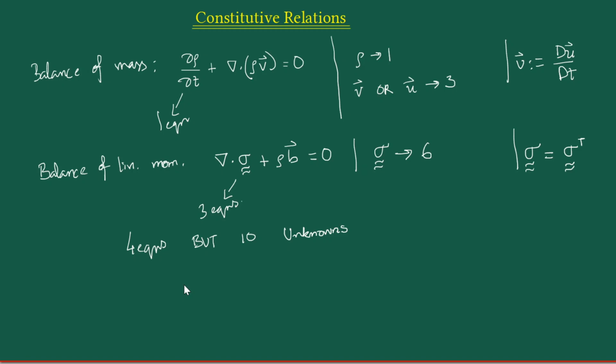So you can have various different combinations of relations between the stresses and the strains, between the stresses and the velocities, and this entire list of possibilities of relations is commonly captured by the term constitutive relations.